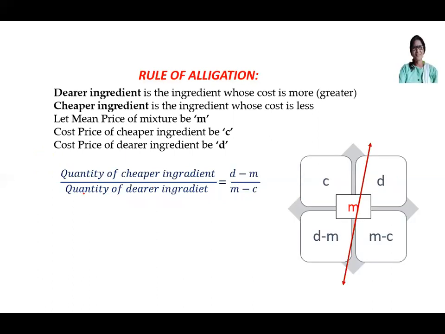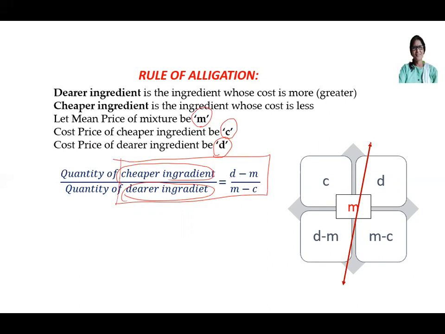Or in symbols we can write: dearer is denoted by D, cheaper, less costly, is denoted by C, mean is denoted by M, then D minus M upon M minus C. So quantity of cheaper to dearer is equal to D minus M by M minus C. It is just the reciprocal of the differences.